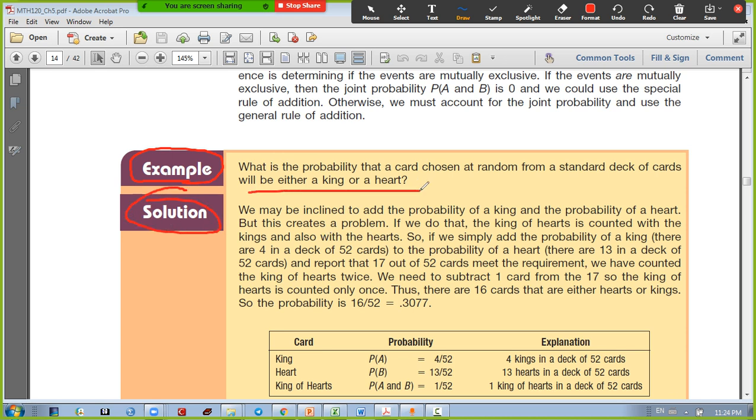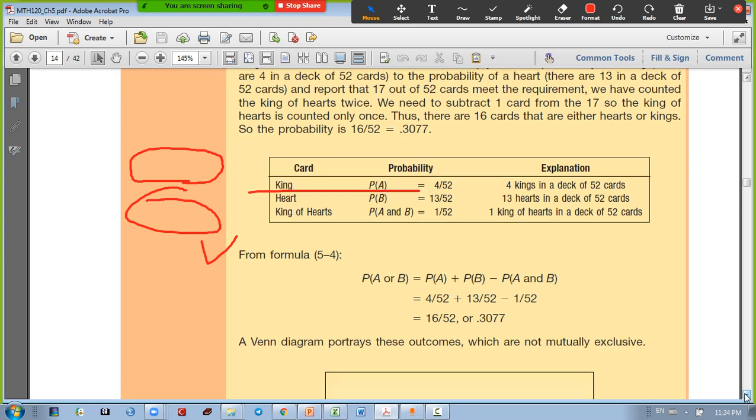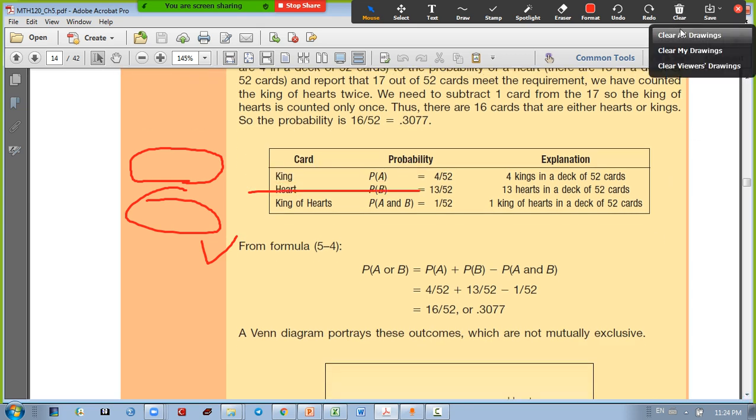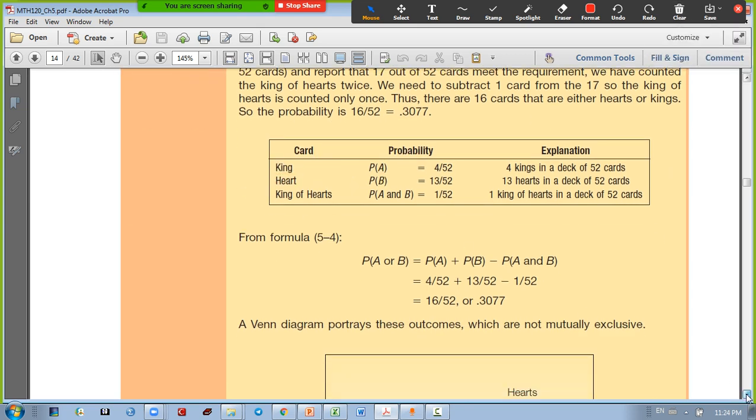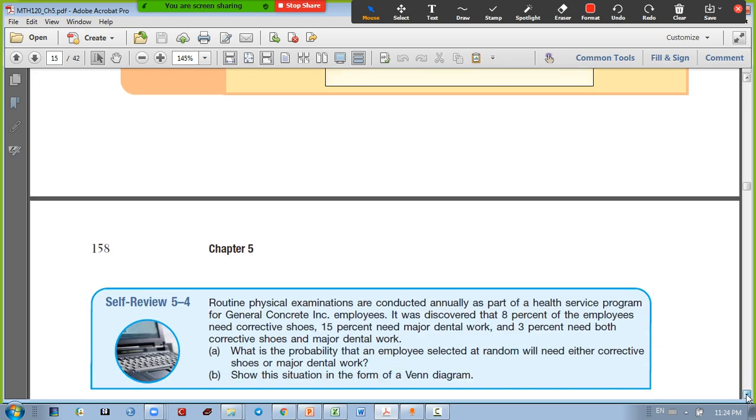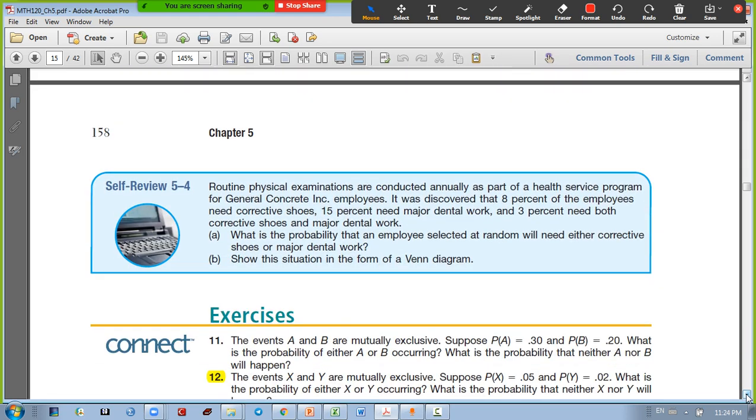Study this clearly in order to get a clear understanding. Yes, this is the answer. You have the textbook, so I won't show you for long. You can check your own textbook. This is self review 5.4. You have two questions to answer, A and B.